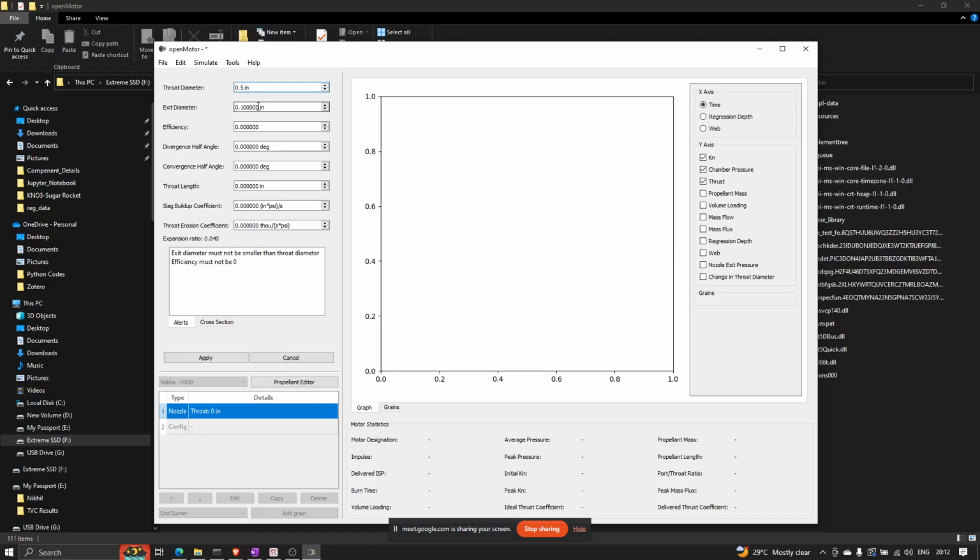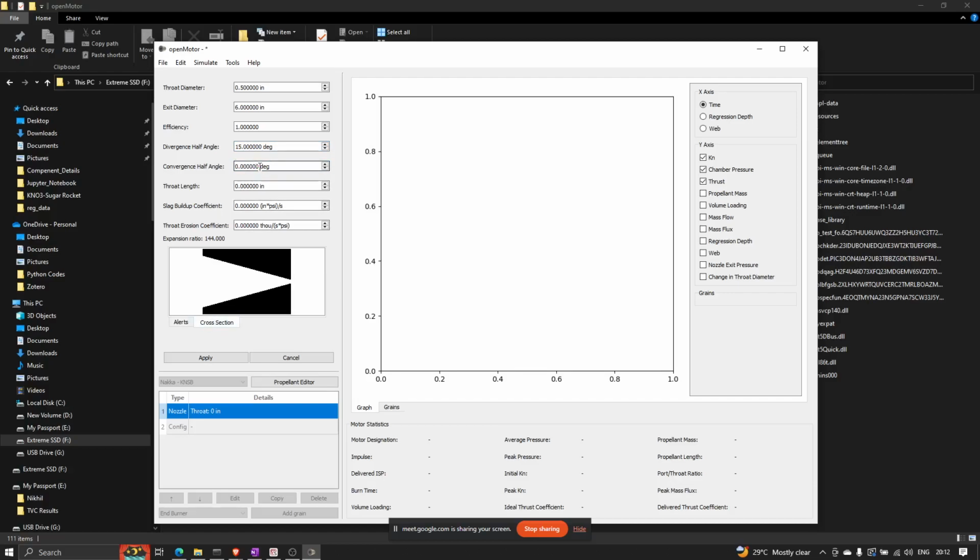This is 1 centimeter. Let us make this as 6. Expansion ratio is fine. Efficiency, let us define as one. Divergence half angle, let us say 15.